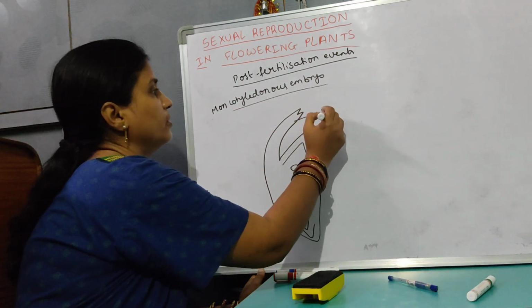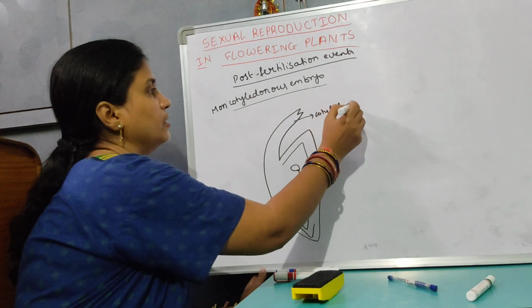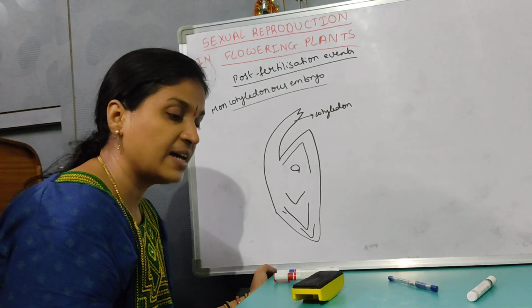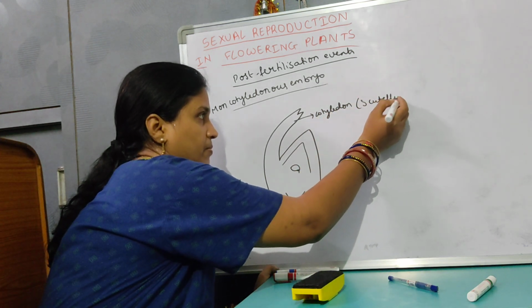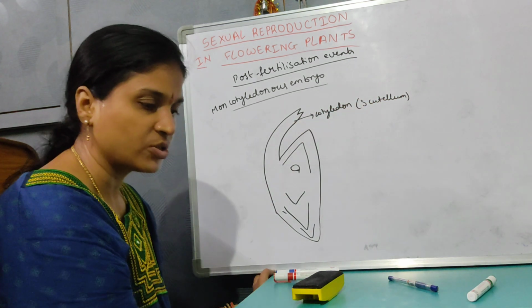Here the difference is that this cotyledon is called as scutellum.